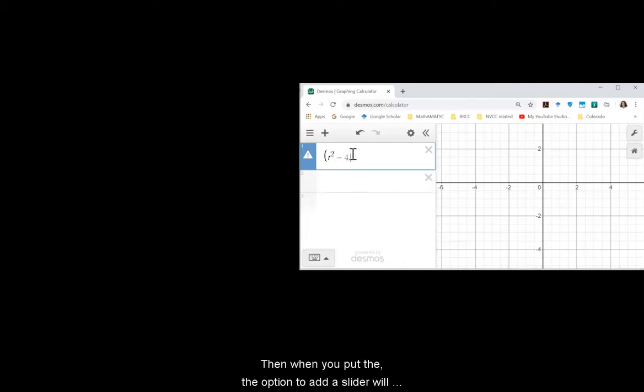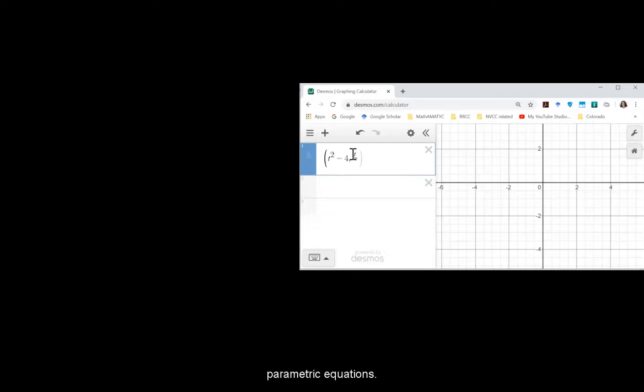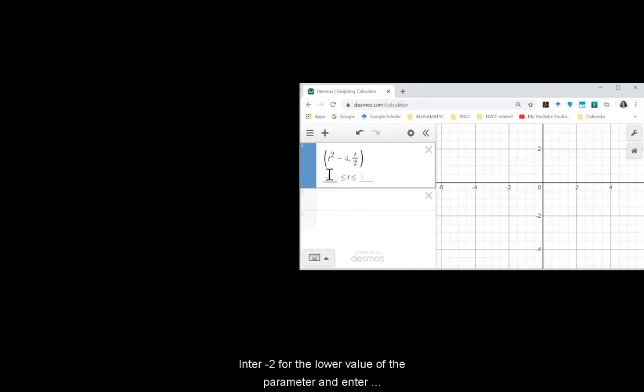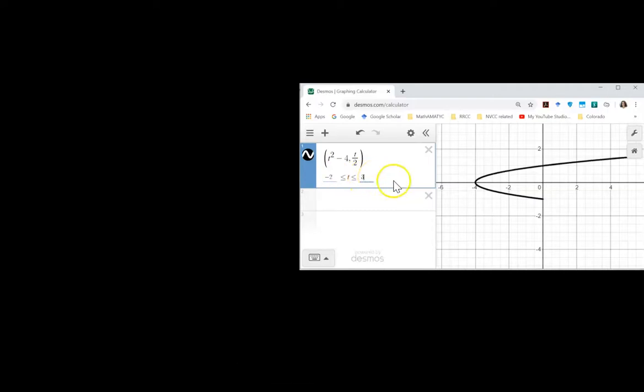Then when you put the comma, the option to add a slider will disappear as it now understands that you want a parametric equation, t over 2 for the y value. Our parameter goes between -2 and 3. Enter -2 for the lower value of the parameter and enter 3 for the upper value.